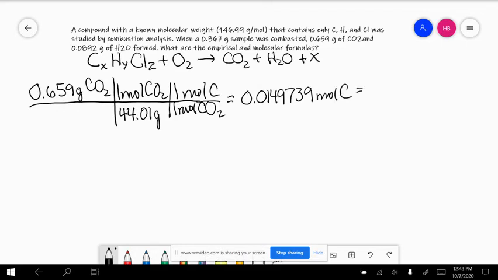I'm going to change this to grams right away because I'm going to have to pull the chlorine out of the original compound, which is multiplied by the molar mass of carbon. I get 0.17984 grams of carbon.